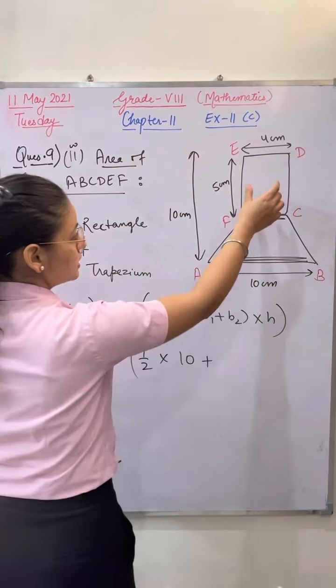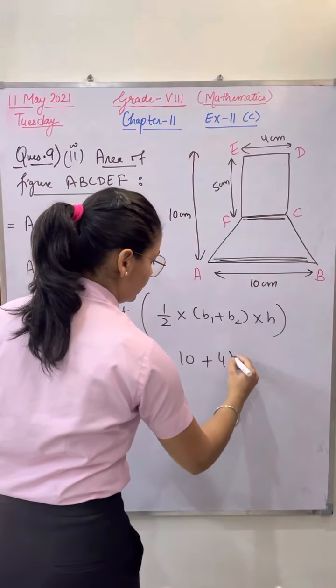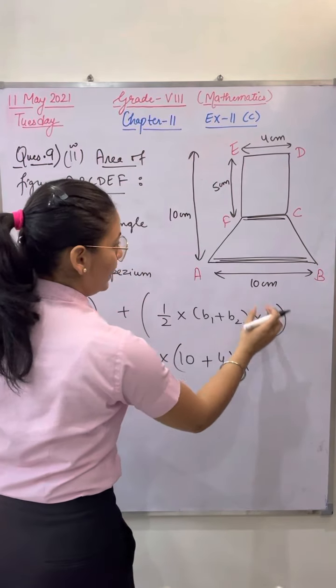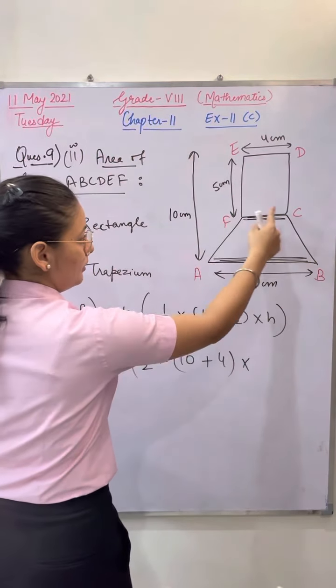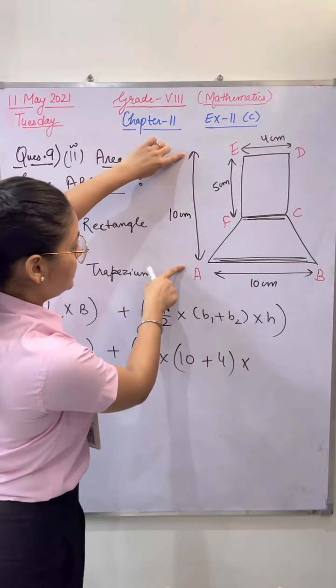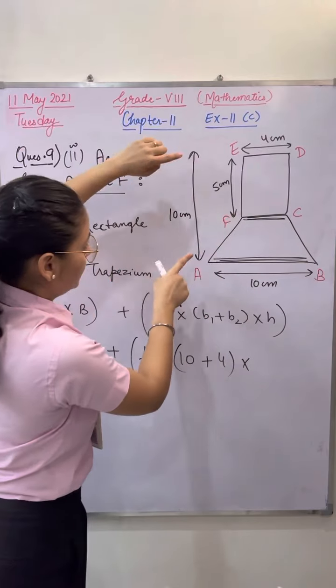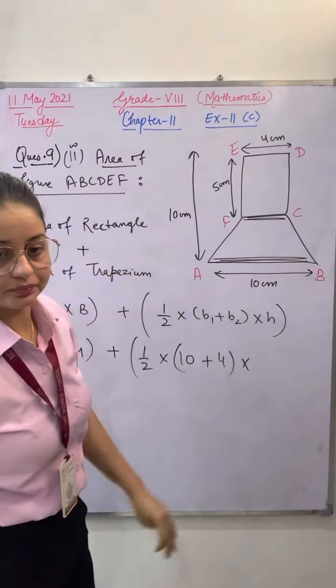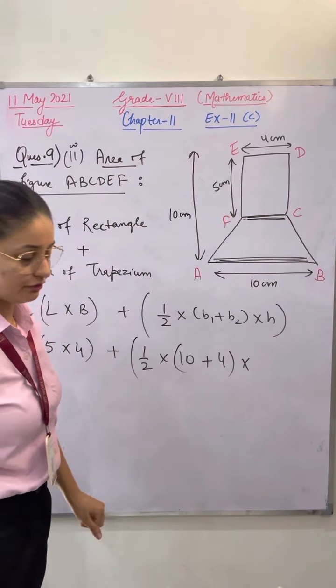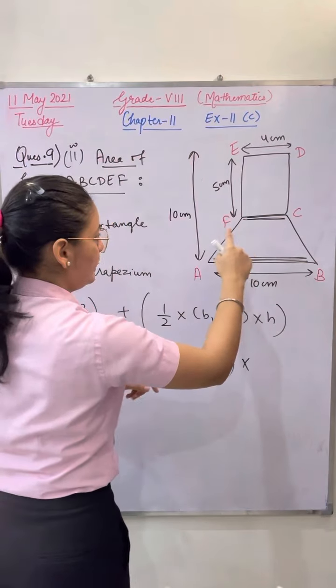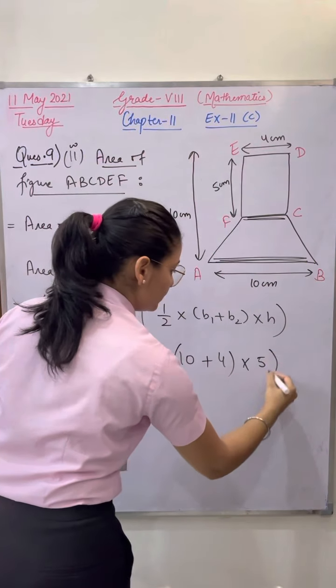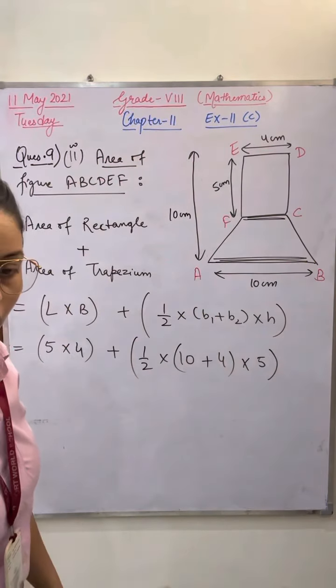If ED is 4 centimeter, right? Multiply by the height. What is the height of this trapezium? This complete is 10. This much is 5. Then what will be this much? Minus this and this. Quickly. Ma'am, 5. Very good. Trapezium height will be 10 minus 5, that is 5. Okay.